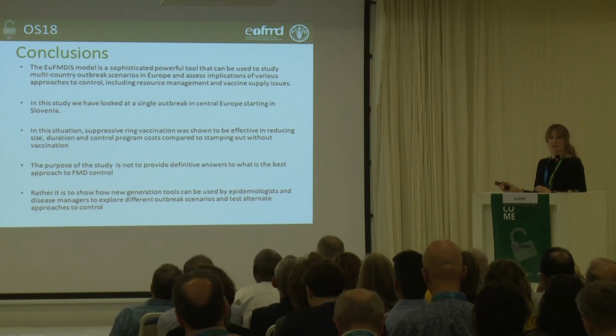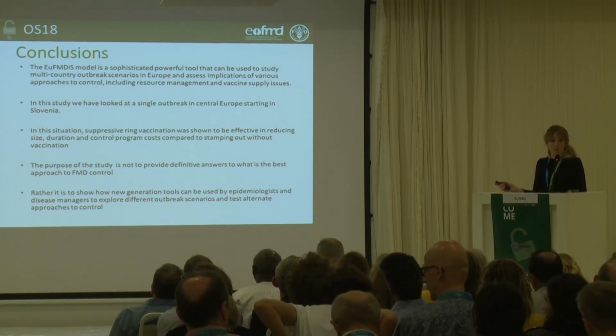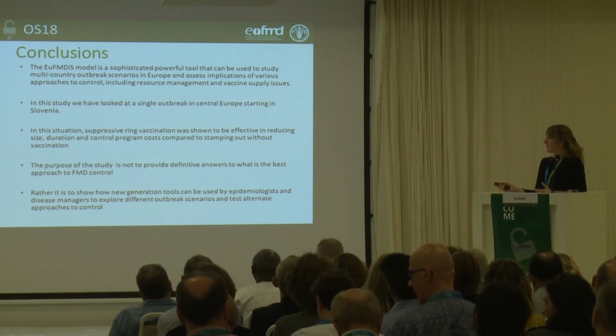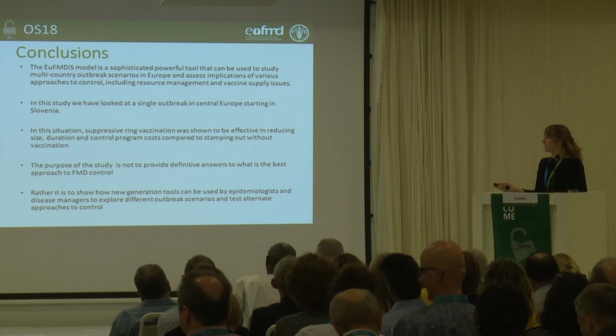And the purpose of this study is not to provide definitive answers to what is the best approach to FMD control. It's rather to show how new generation tools can be used to explore different outbreak scenarios and to test different approaches to control.